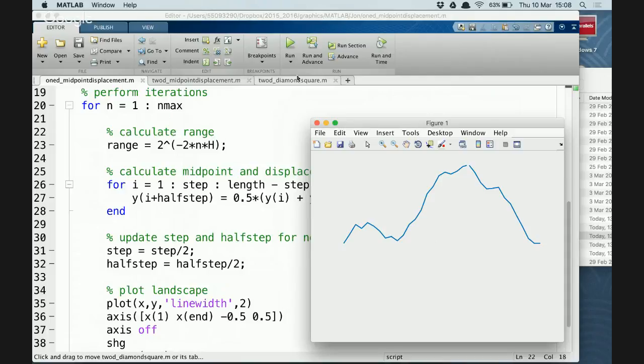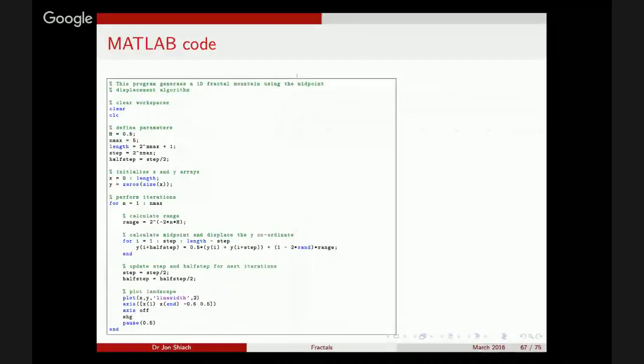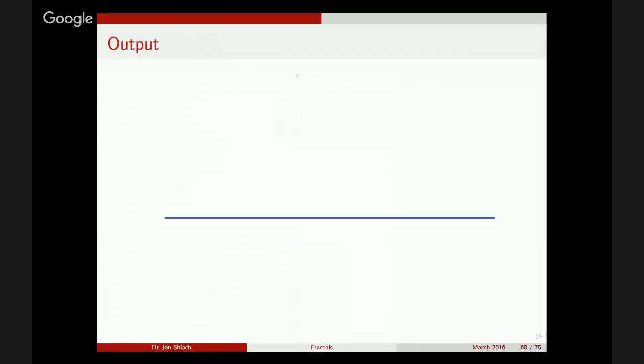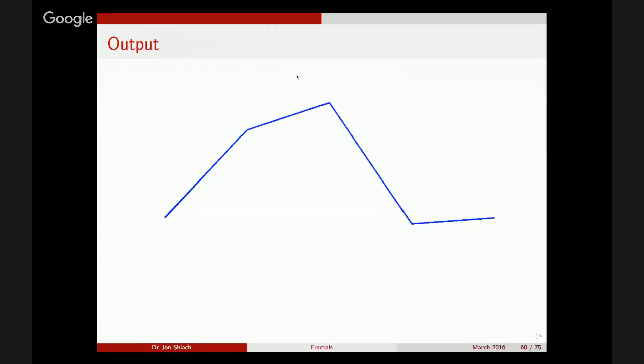In your assignment, I want you to create a 3D landscape or a 2D fractal, and I want you to use the 2D midpoint displacement algorithm. We've just seen this.